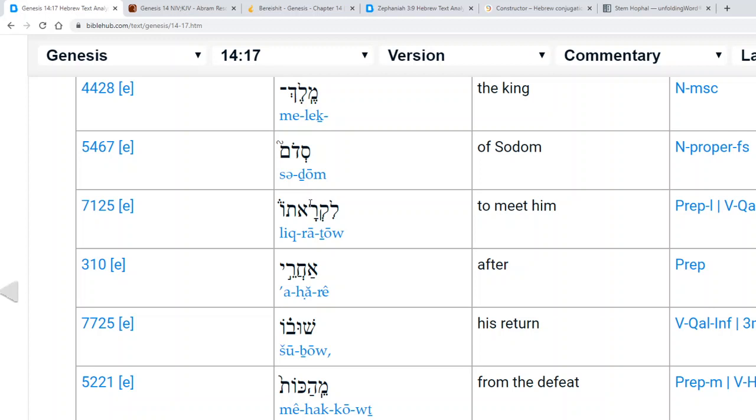So it's a noun, which is meaning, and they're saying it's an infinitive here. I don't agree. Likrato, to meet him. Yes, that is what it means, but I'm not sure how they think that that's an infinitive here.